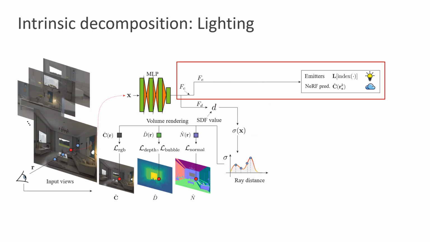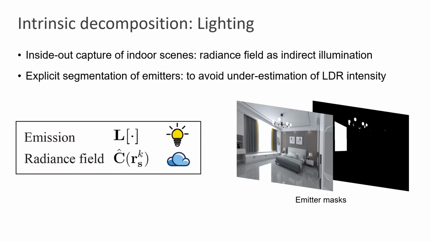Next, we'll introduce how our pipeline decomposes lighting. Different from single-object scenarios, indoor scene images are usually captured from the inside out, and most lighting information has already presented inside the room. Therefore, we can directly predict indirect illuminations from the aforementioned radiance field. However, since the radiance field is trained from LDR images, the light intensity from emitters is usually underestimated.